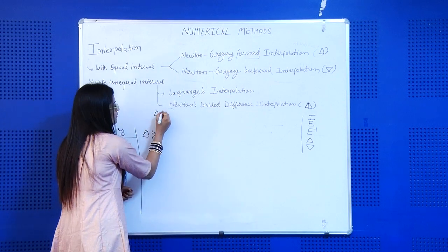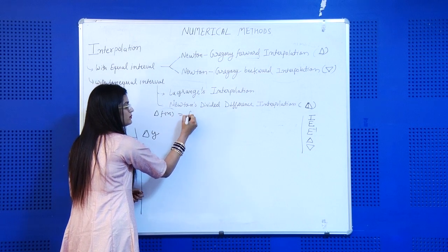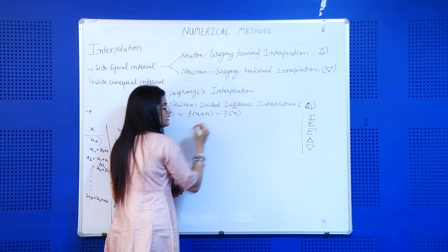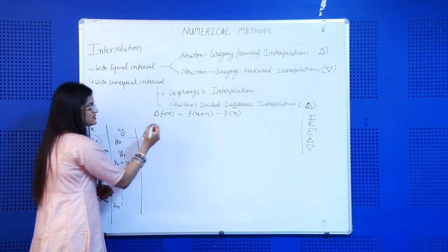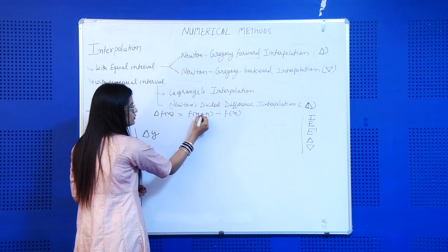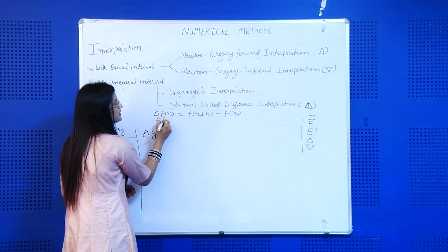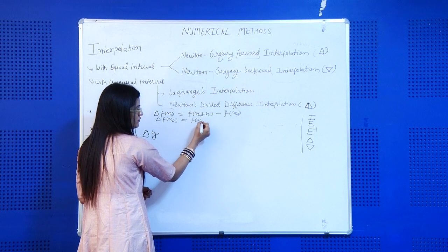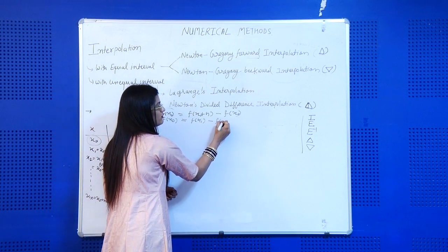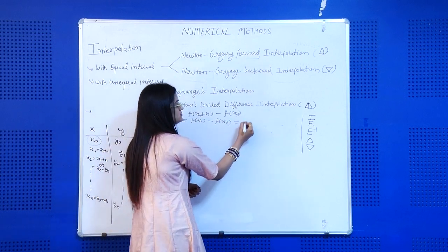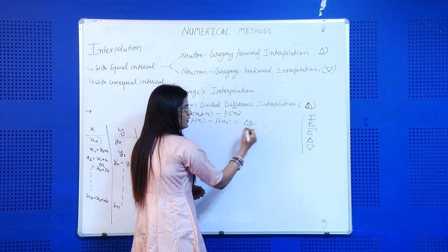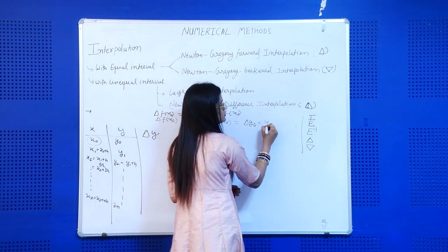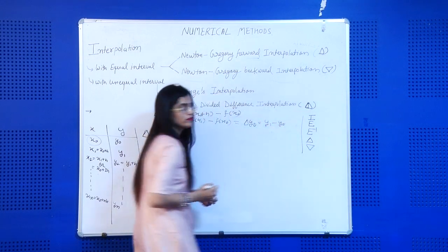Delta of f of x is given by f of x plus h minus f of x. If I initialize this x value at the x naught position, I get delta of f of x naught equals f of x1 minus f of x naught. That means delta of y naught equals y1 minus y naught.